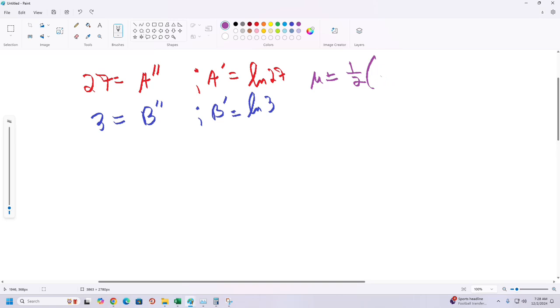U equals 1/2 the ln of 27. I'm just going to write a prime, b prime. A prime plus b prime. V equals 1/2 a prime minus b prime.